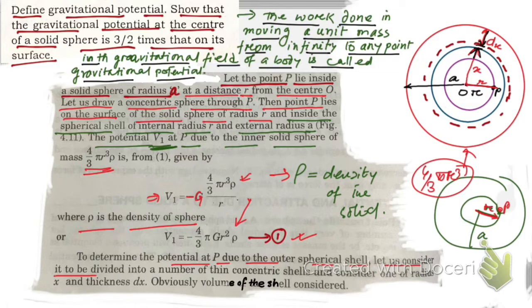So this is the point P, and this is the sphere with the external radius. This shell is divided into small shells of thickness dx, right? We have imagined it that way.